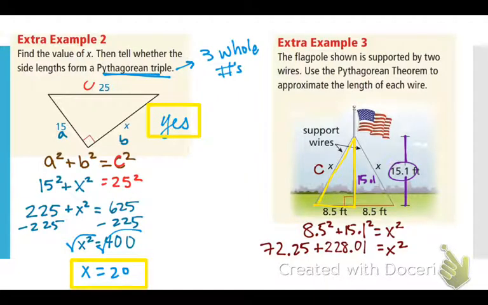Okay. All right, we're going to add them together. 300 what? 300.26. Take the square root. 17 point what? 3. Good. And it would be feet. 17.3 feet.